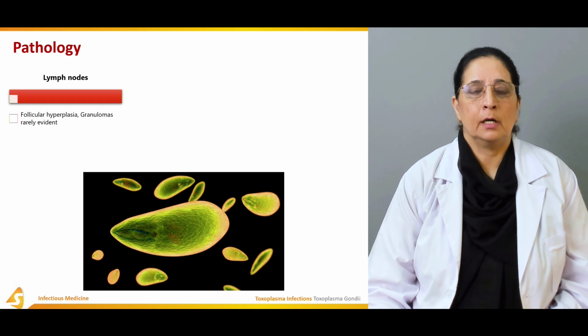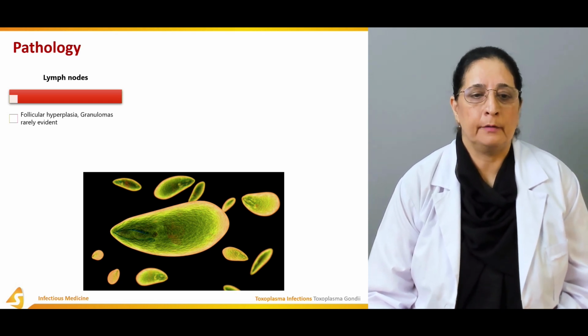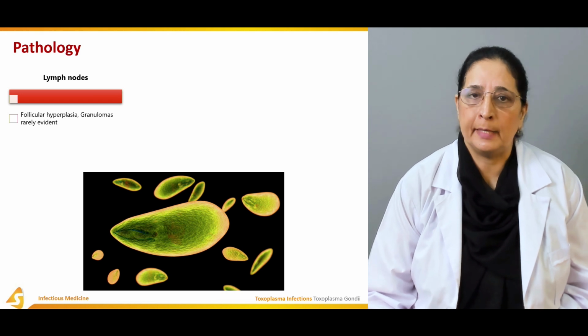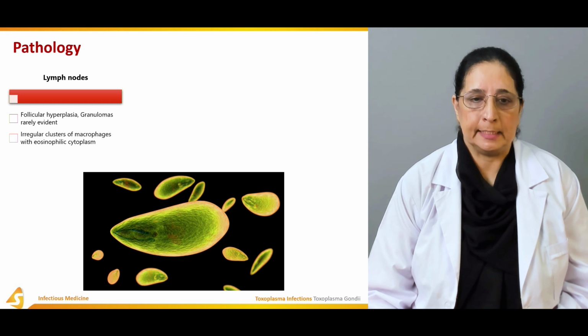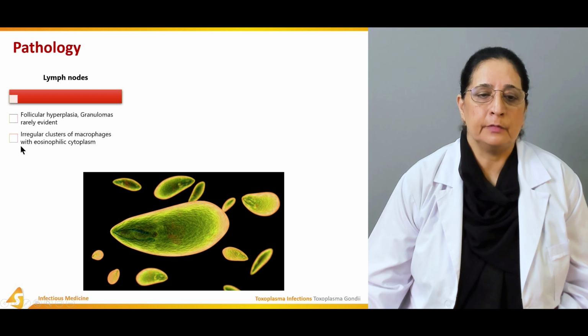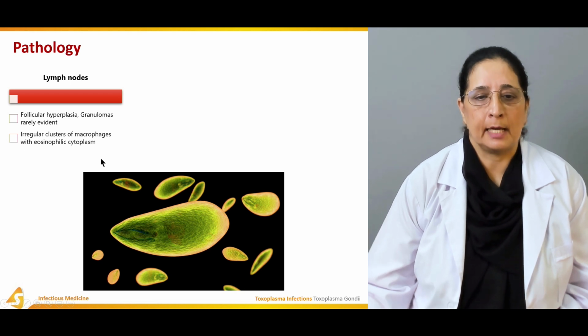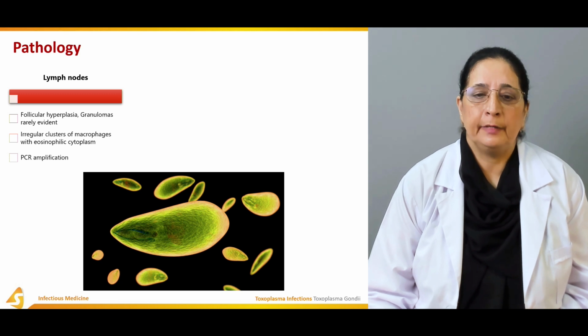What pathological changes occur in the lymph nodes? We have follicular hyperplasia, with granulomas rarely evident, and irregular clusters of macrophages with eosinophilic cytoplasm. PCR amplification is used.